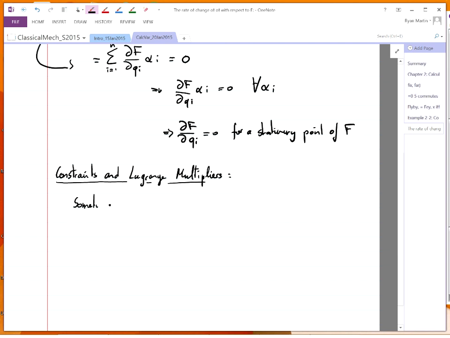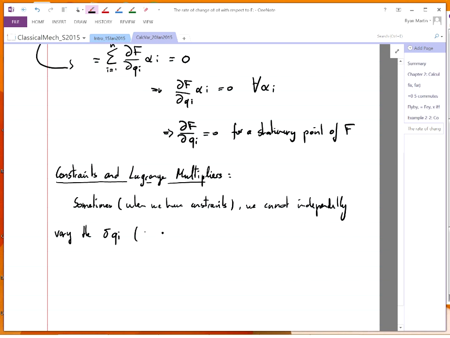Okay, so sometimes, and sometimes means when we have constraints, we cannot independently vary the delta qi.